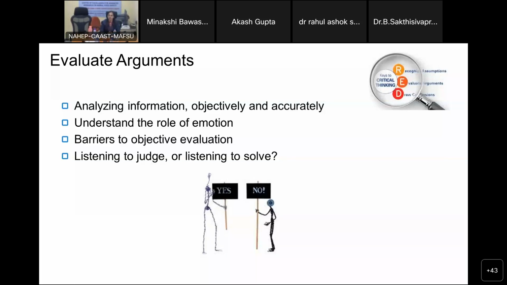What is the emotion? So I gave you the example of going to some committee or body and putting your proposal to save animals about to go extinct. So what is the emotion here?